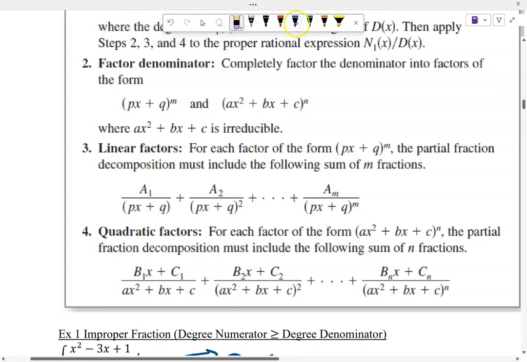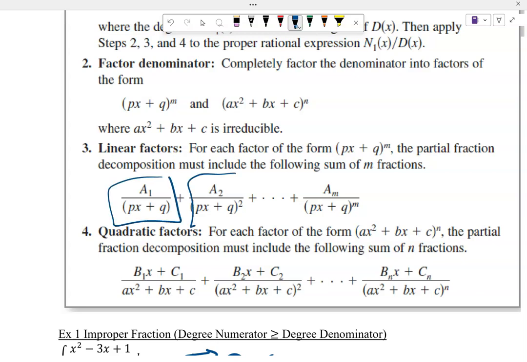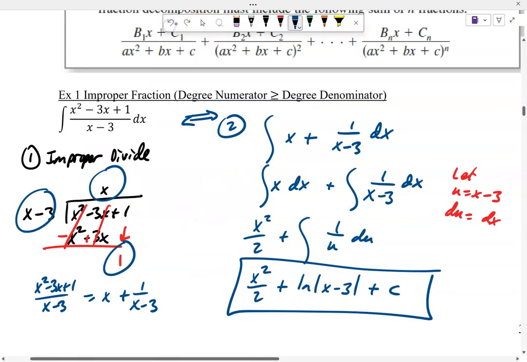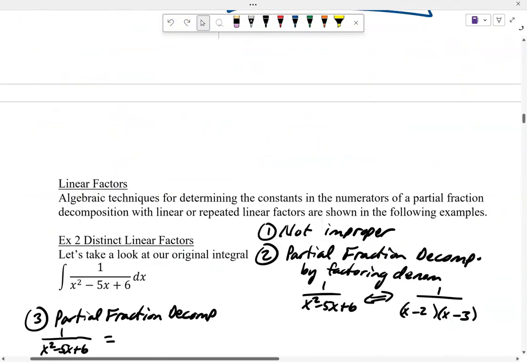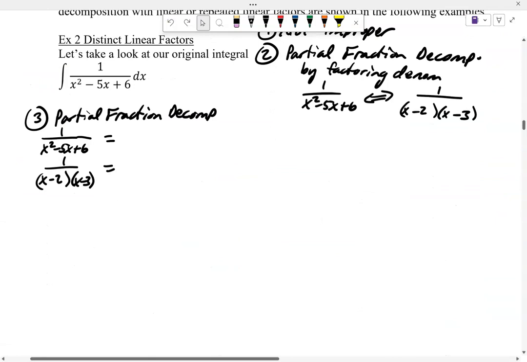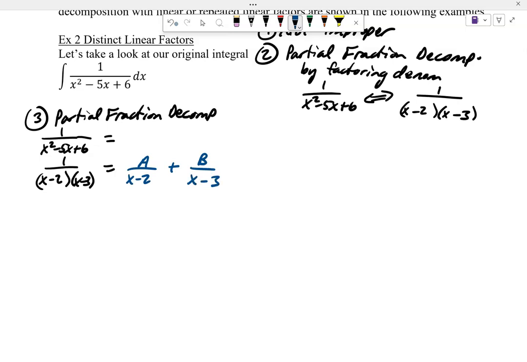If I have linear factors and they're unique linear factors, then I set it up as A over the first one plus, and I'm going to use a B instead of that A2, B over the second one. They're not repeated, okay? So I'm going to write this as A over x minus 2 plus B over x minus 3. Again, these are unique linear factors.